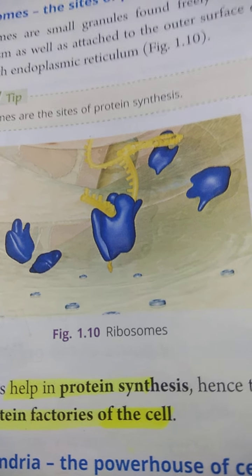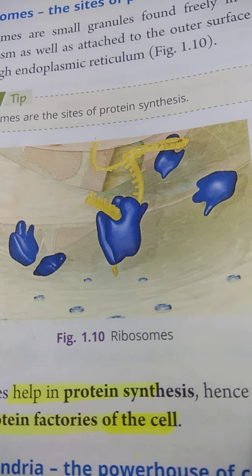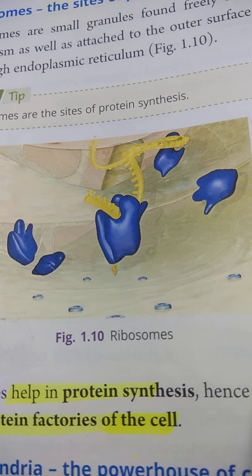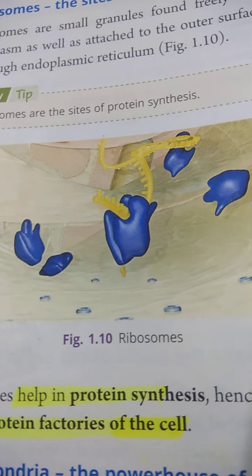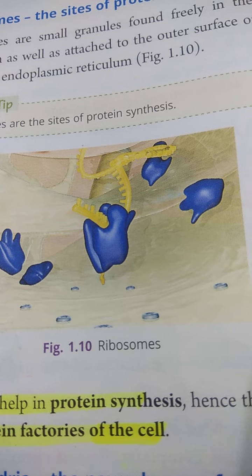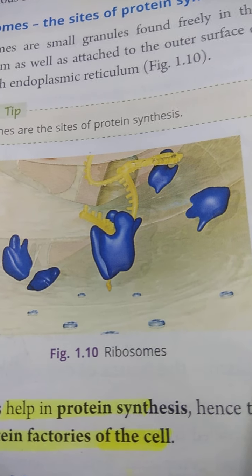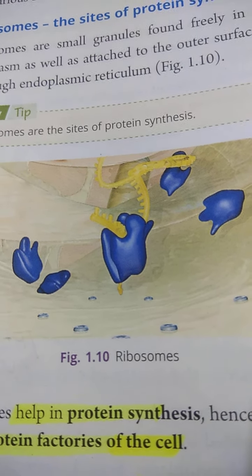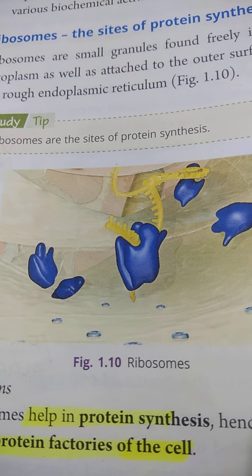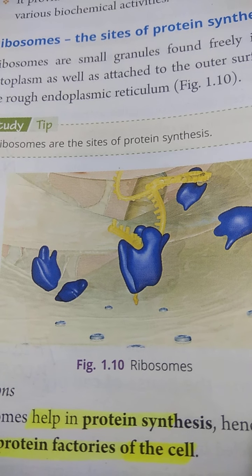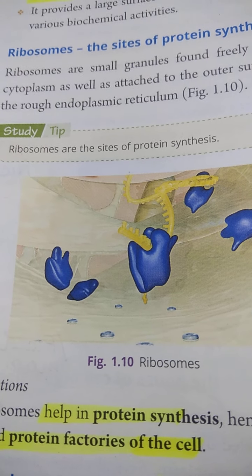The smaller subunit helps to read the messenger RNA, and the larger subunit assembles amino acids into a polypeptide chain. The polypeptide chain will later be folded into protein and exported to the cytoplasm, where it acts as a functional protein.